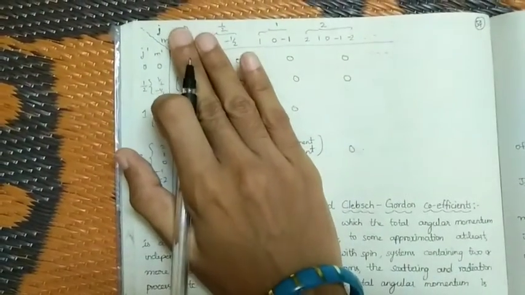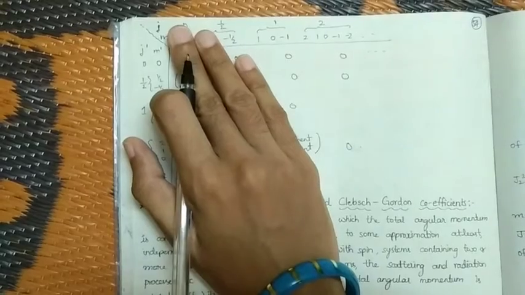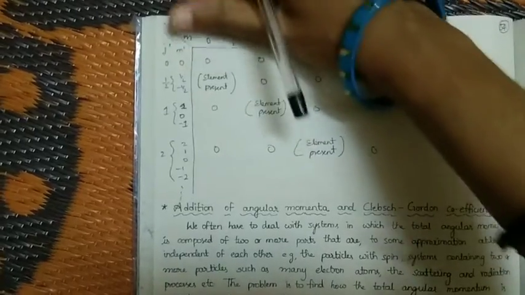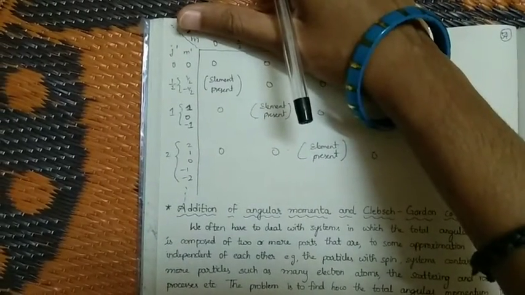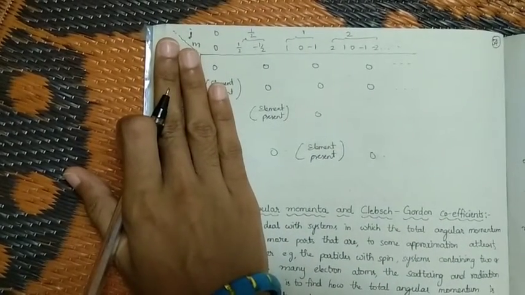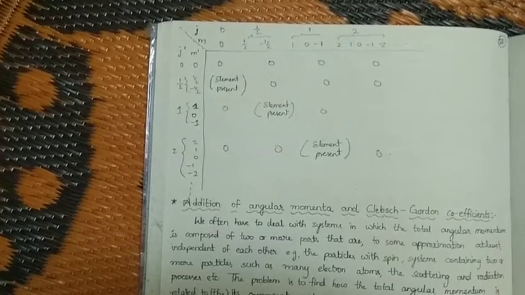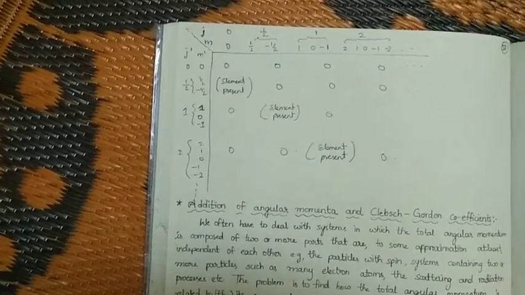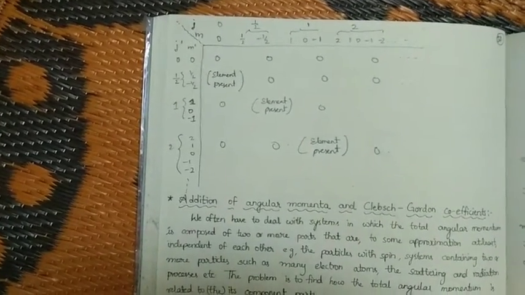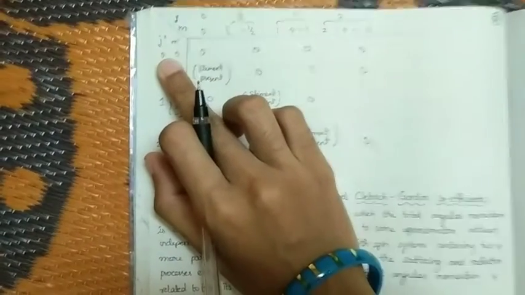This is the state on which J minus would operate, J minus psi of j m, and it is multiplied with the complex conjugate state, psi star of j dash m dash, where integration is applied.